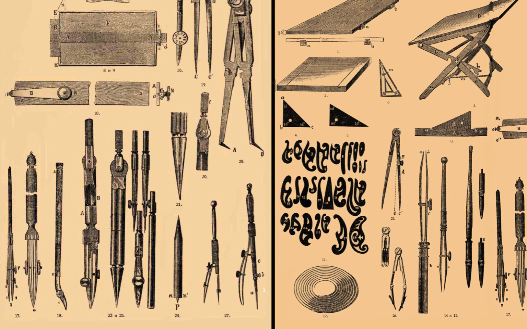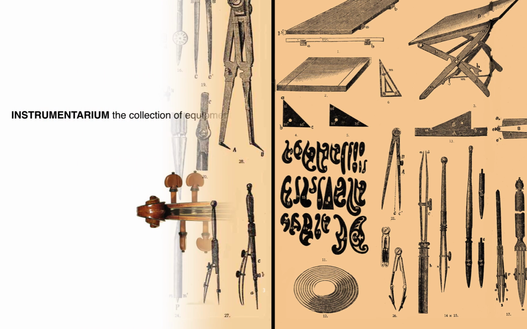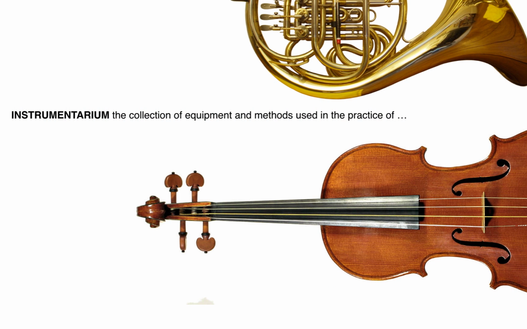Compass, set square, French curves, and many others have been with us for a long time and have been totally essential to our discipline. Today we are witnessing instrumentalization process of totally different kind.